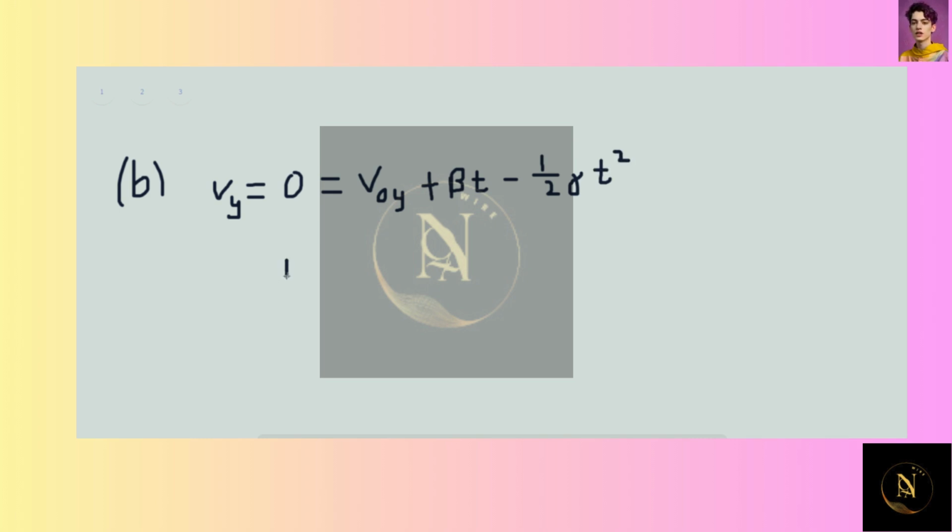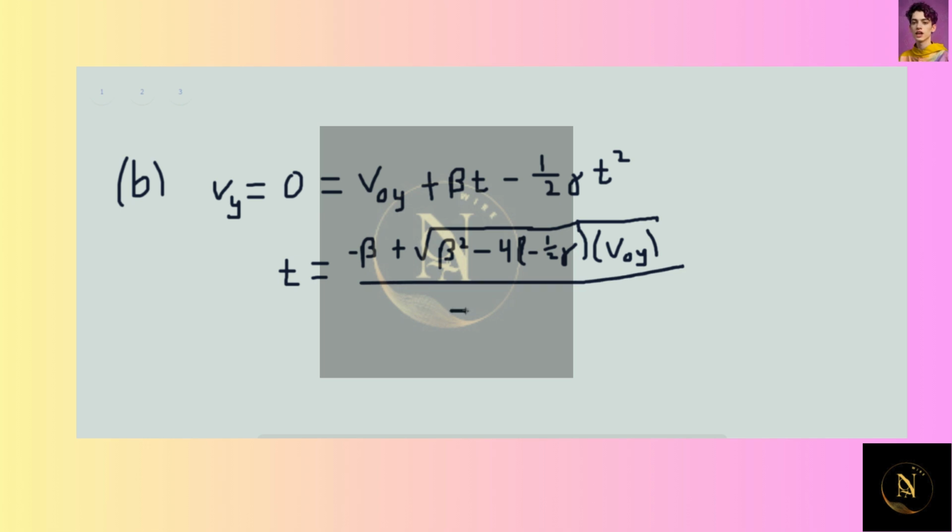Using the quadratic formula, and using only the positive value, t is equal to negative beta plus the square root of beta squared minus 4 times negative 1/2 gamma multiplied by v naught y, and this is all divided by negative 2 times 1/2 gamma, or just negative gamma.